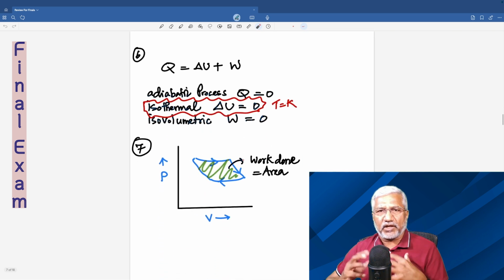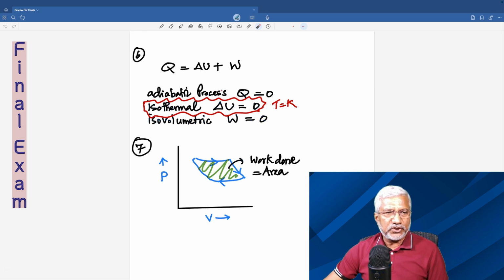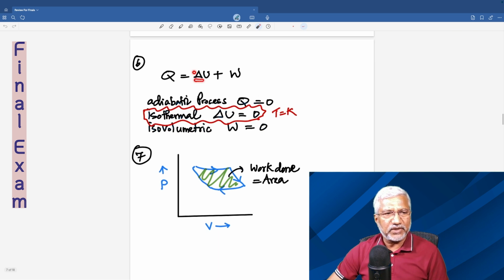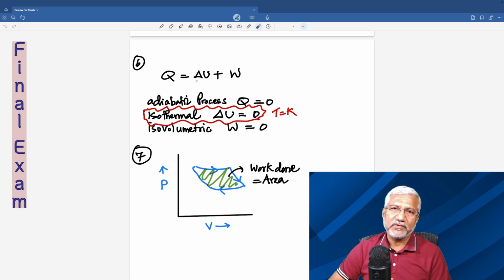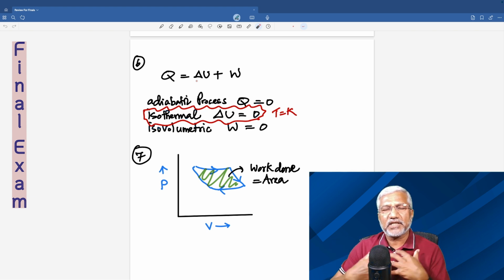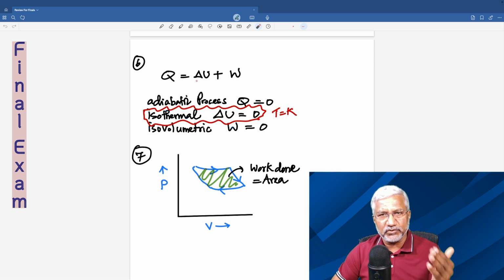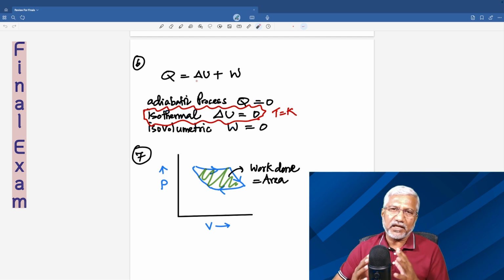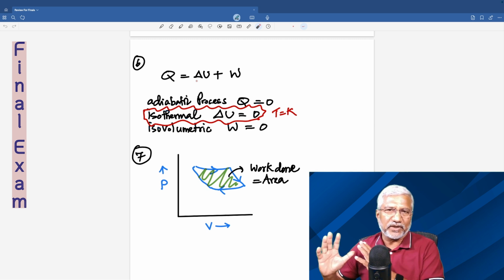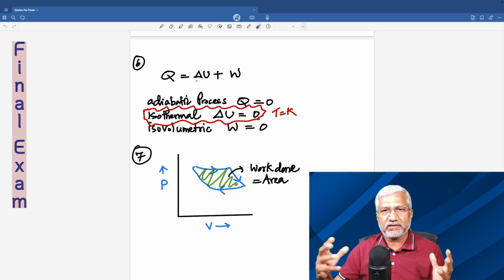Now, in all these processes, you can have change in internal energy, so that's delta U. Change in internal energy means what? Change in temperature. So when a gas absorbs heat, when a gas is heated, its temperature goes up. That means its internal energy goes up. But at the same time, the gas is able to expand and do work.